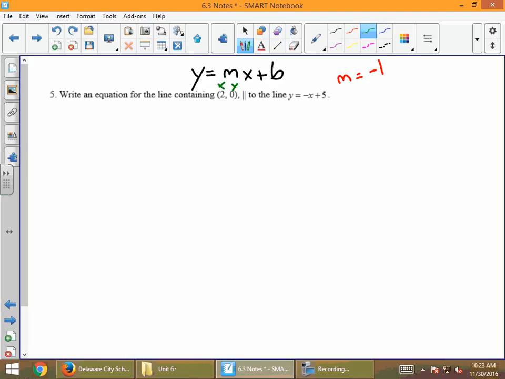So my y value is 0, is equal to my m value of -1, because I want the slopes to be parallel, times my x value of 2, plus b. Grab the calculators. 1 times 2 is? Negative, sorry, it's -1, you're right. So it turns into a -2, plus b. One last step.